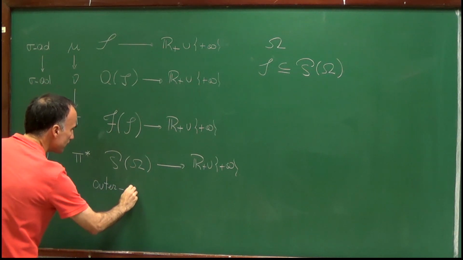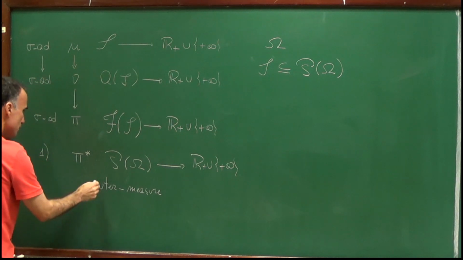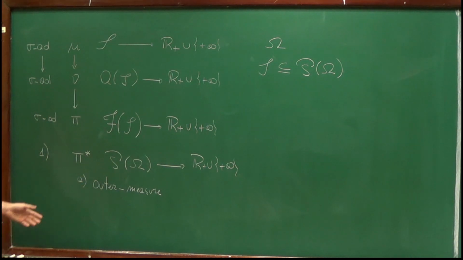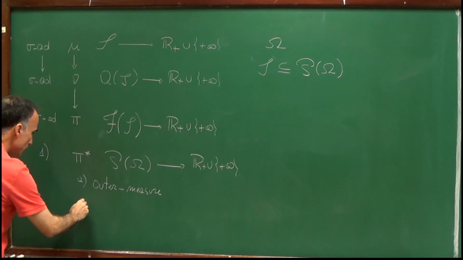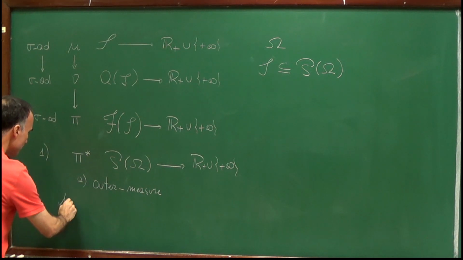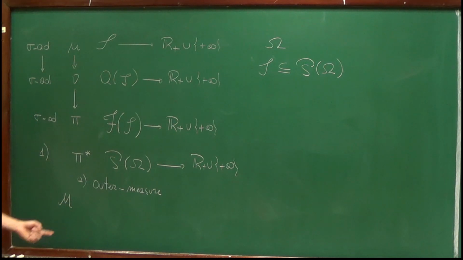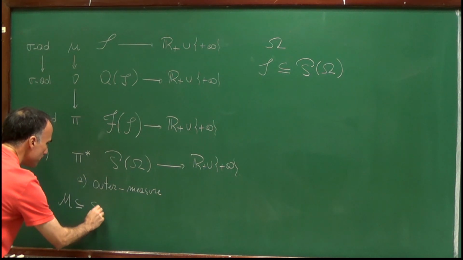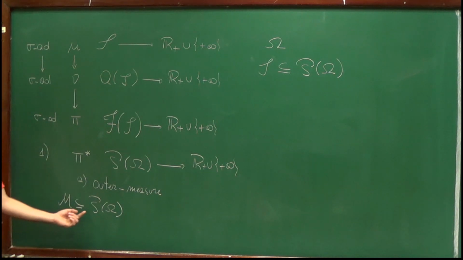And this I will define in a second. So the first step will be to prove that P star is what we will call an outer measure. Then we will introduce a set, which is the set of the measurable subsets of omega. So M will be a family, a class of subsets of omega.